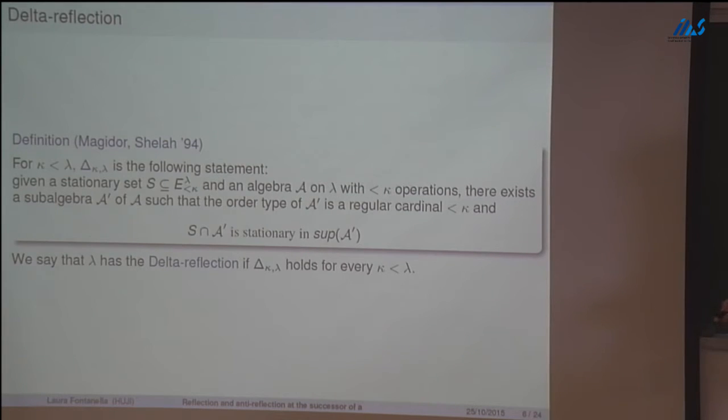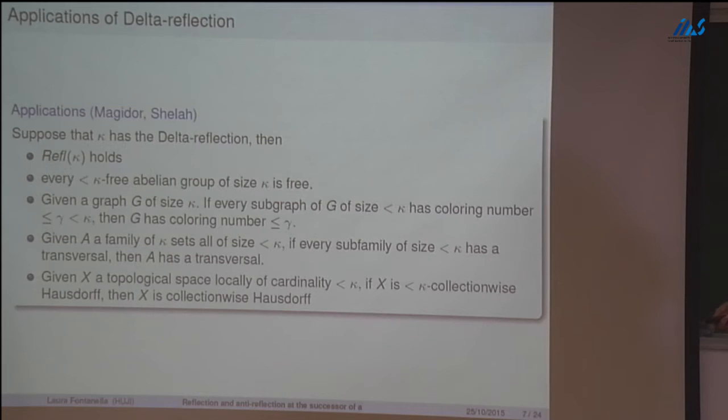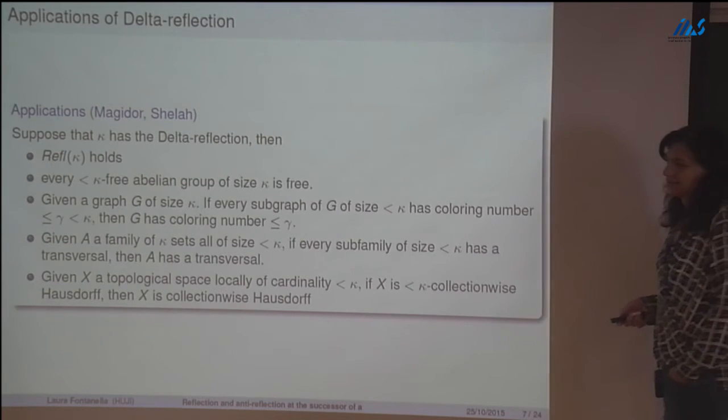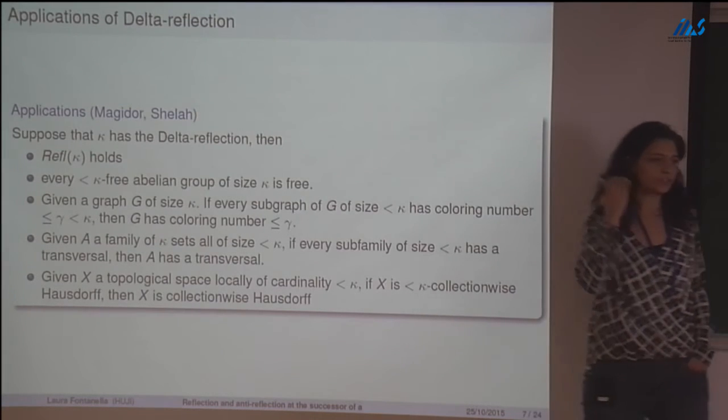Now let's say that a cardinal lambda has the delta reflection when you have this property delta kappa lambda for every kappa below lambda. Okay, so this is an interesting principle to me, because it has many nice applications in several areas.